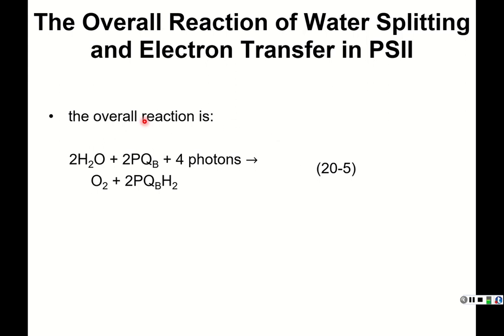And the overall reaction of water splitting in photosystem 2, we have 2 waters plus 2 plastoquinones, oxidized forms, plus 4 photons, goes to O2 plus 2 plastoquinones reduced.